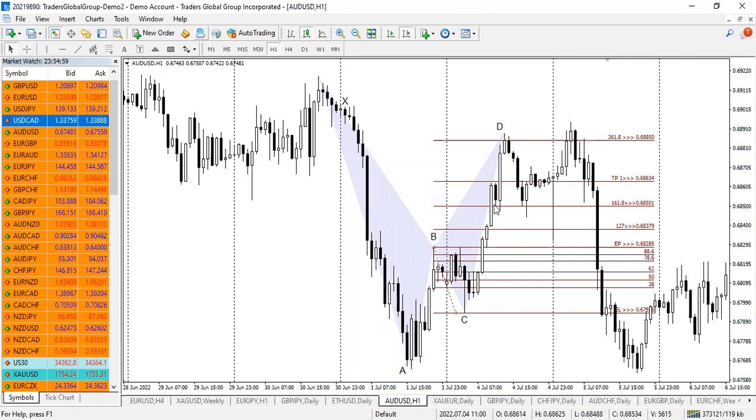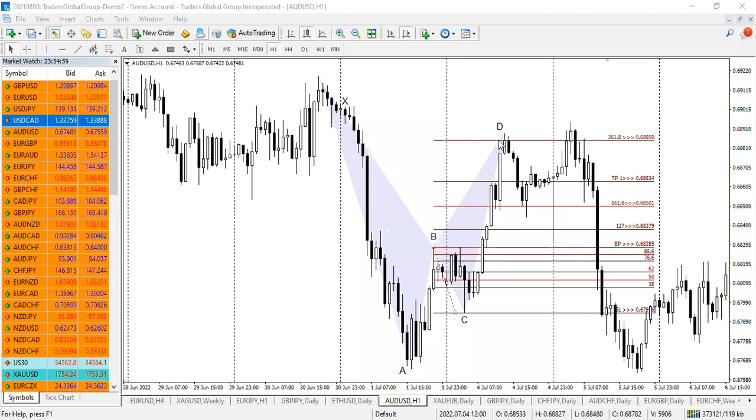But friends, did it go beyond 161.8? As you can see currently, the market went beyond 127, went beyond 161.8, went as far as 261.8. Is this still a Gartley? Hello?